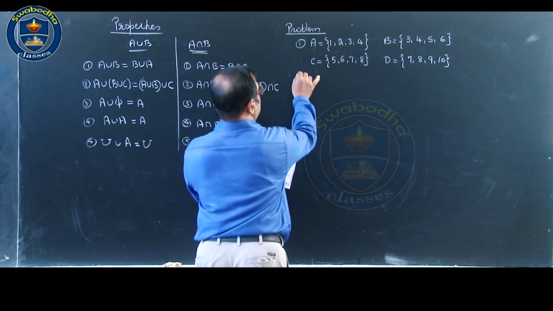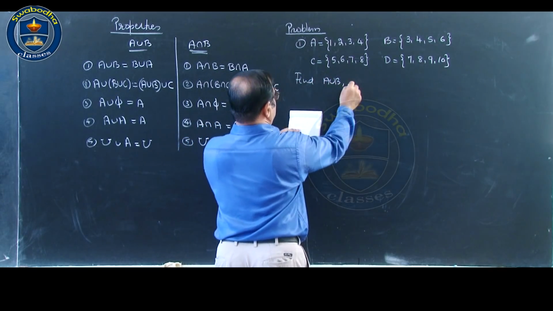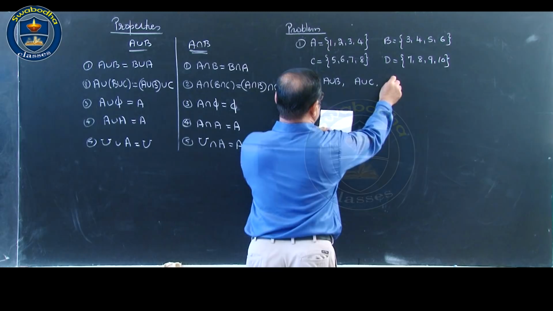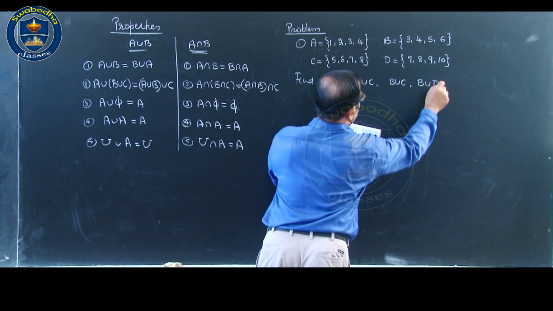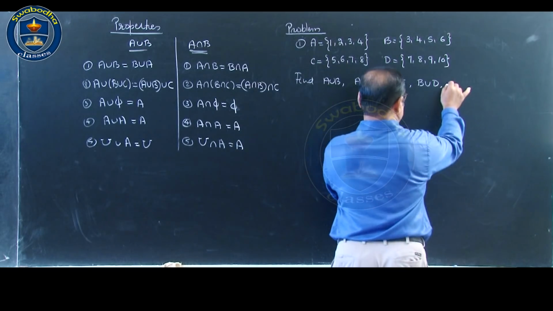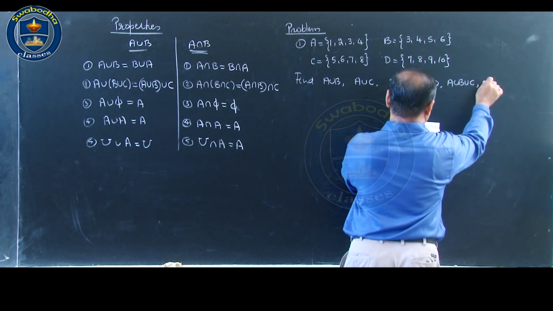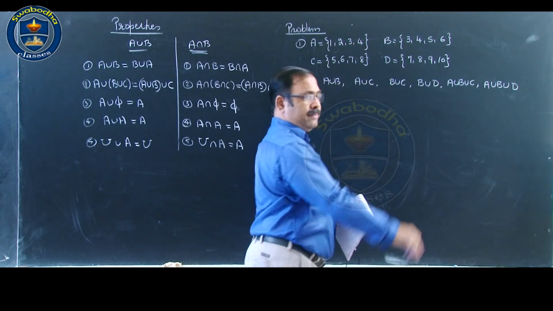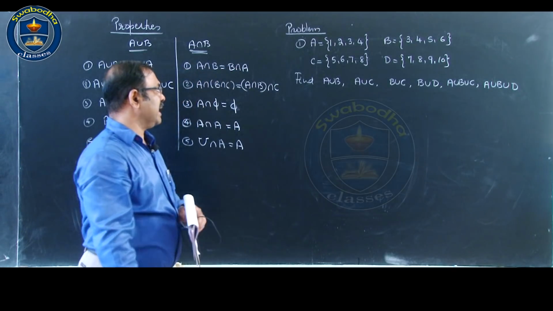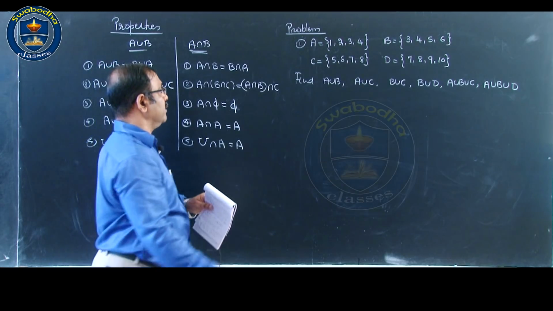Find A union B, A union C, B union C, B union D. Then A union B union C, A union B union D. So, let us write A union B, A union C and the remaining.